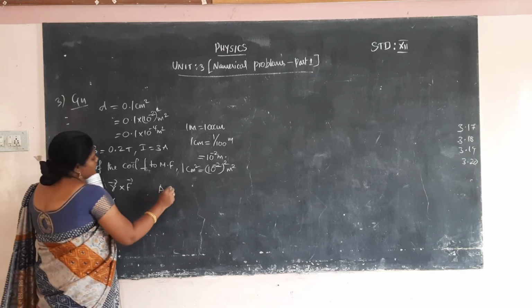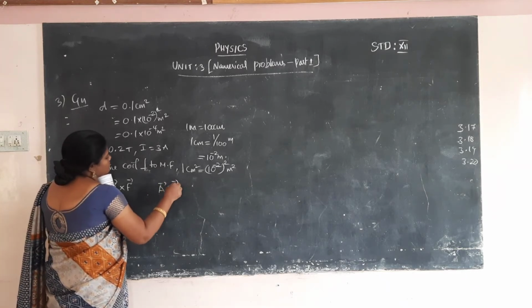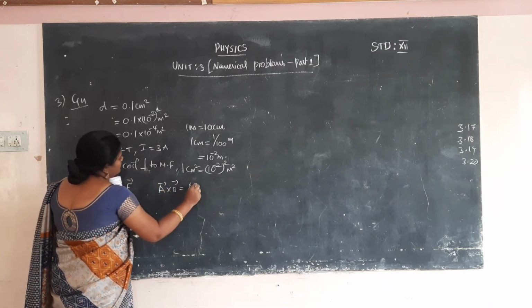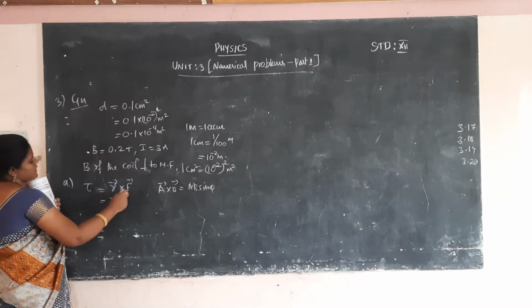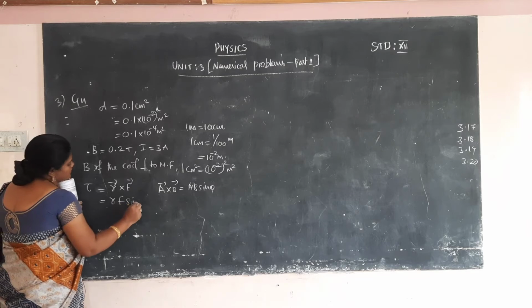A vector cross B vector is equal to AB sin theta, so R cross F is equal to RF sin theta.